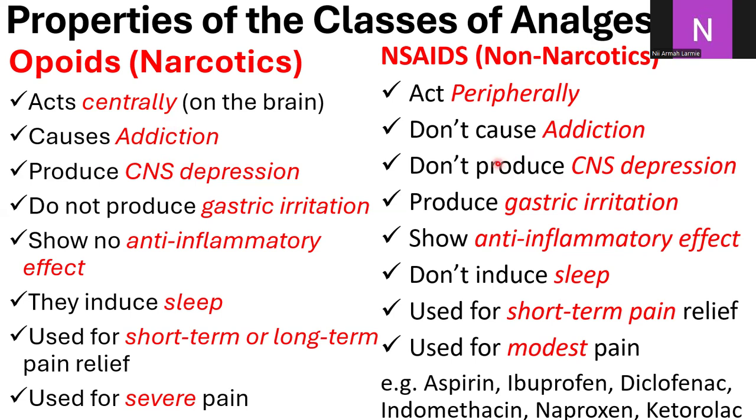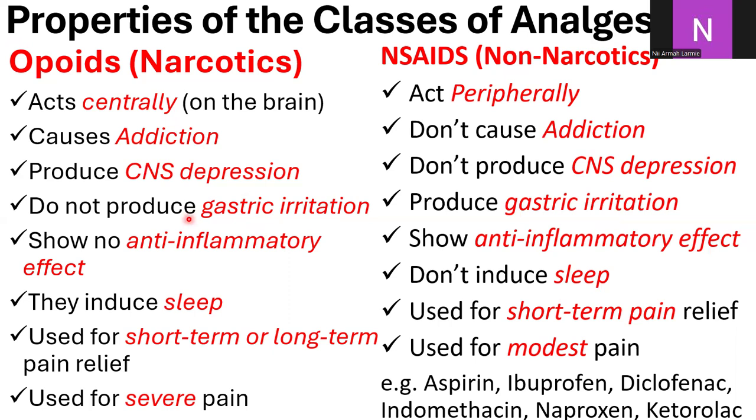NSAIDs, on the other hand, irritate the gastric mucosa, and this can lead to gastritis or ulcers. In fact, this is why we mostly advise our patients to eat before they take NSAIDs. Opioids, on the other hand, do not produce gastric irritation.